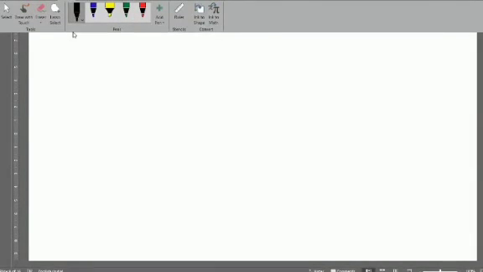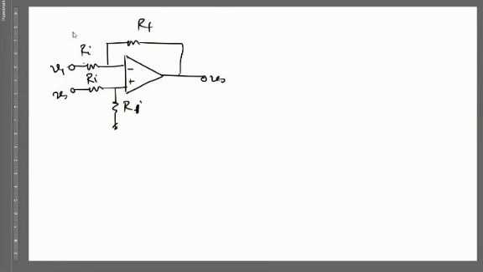One more configuration. This is the voltage. So VA equals VB because of virtual short or virtual ground, and this current is 0. So this is I1 and this is I2.